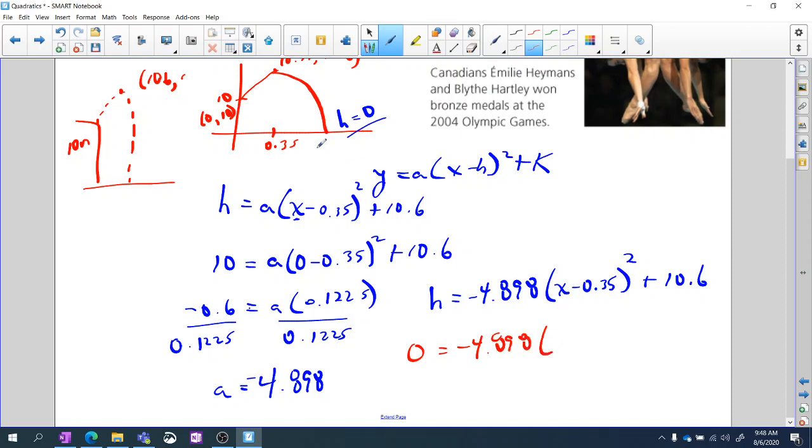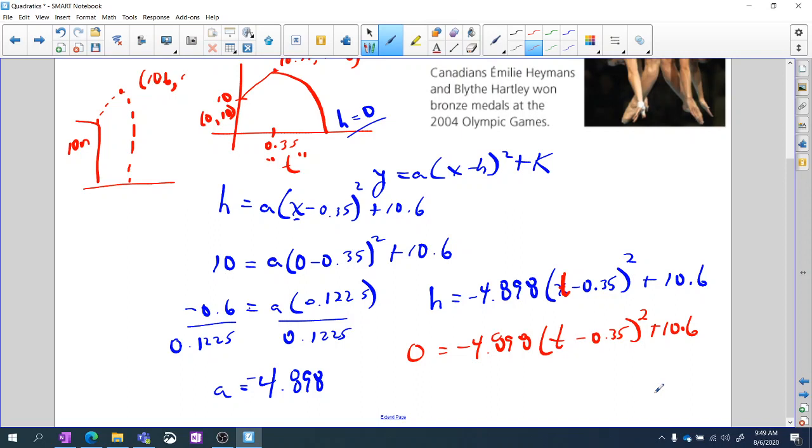Now for x, x is the number along here, which is t. I should probably switch that out. Let's call it time instead of just generic x. So in this question, it means time. So time minus 0.35, squared, plus 10.6.